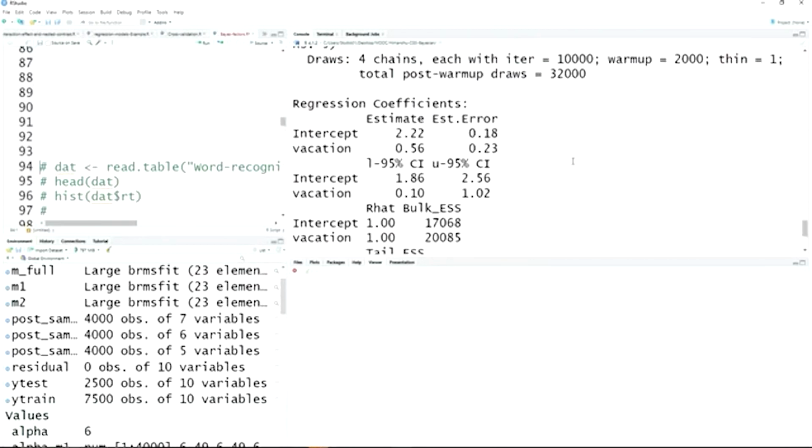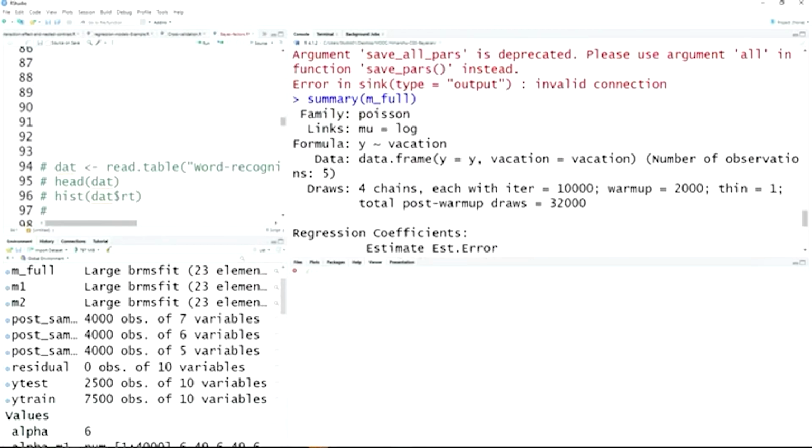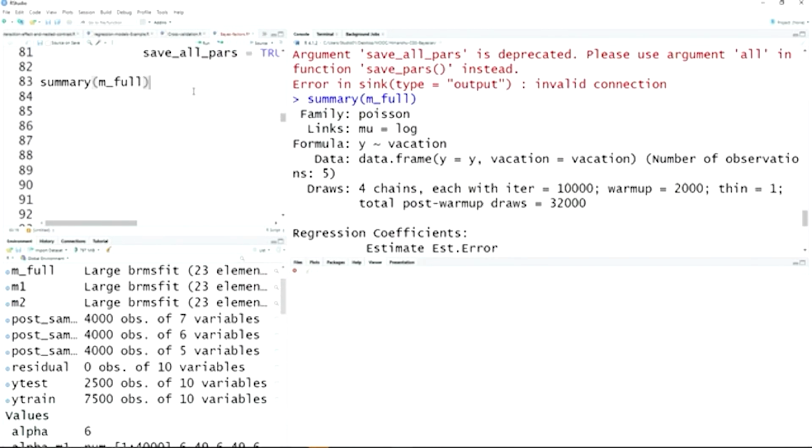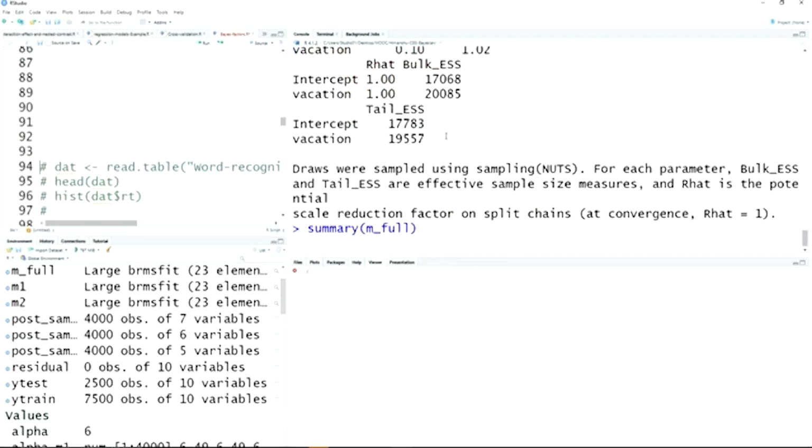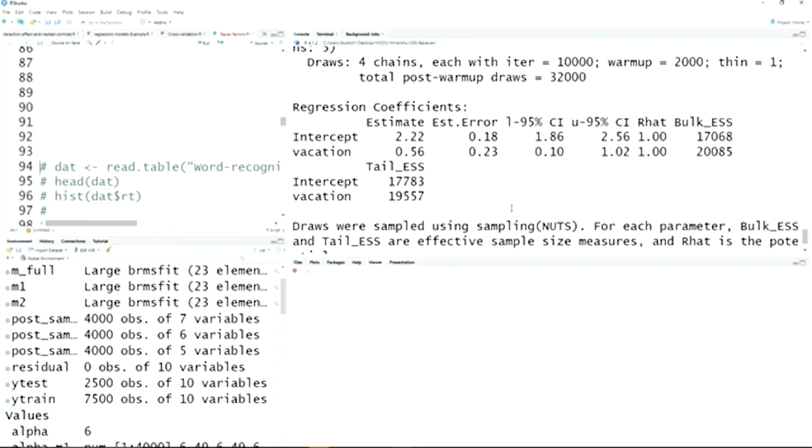What is the estimate for parameter beta? The effect of vacation comes out to be positive, between 0.10 and 1.02. This is good.